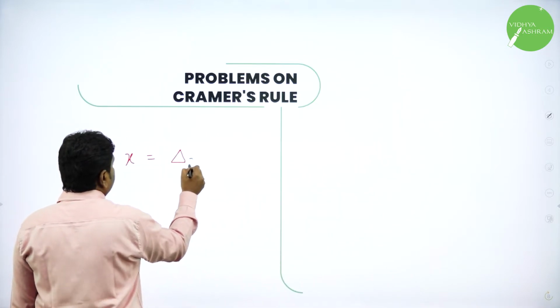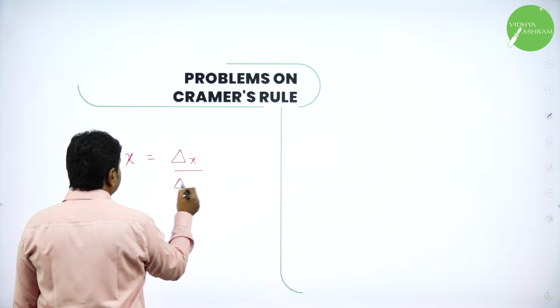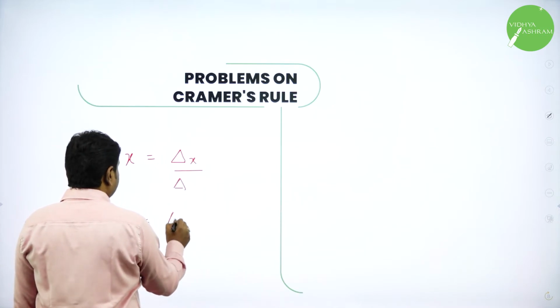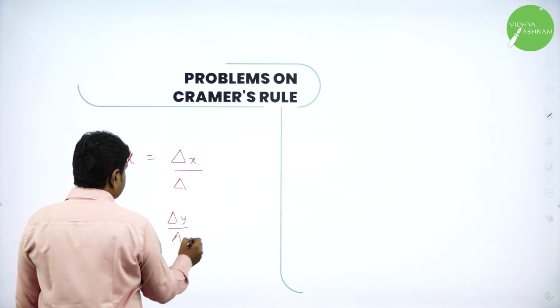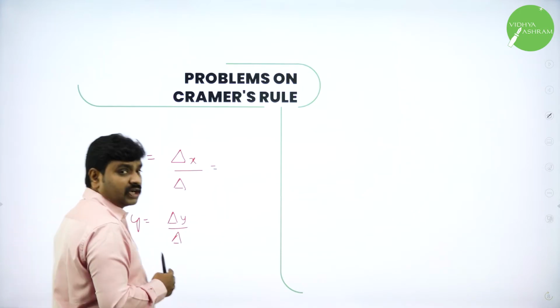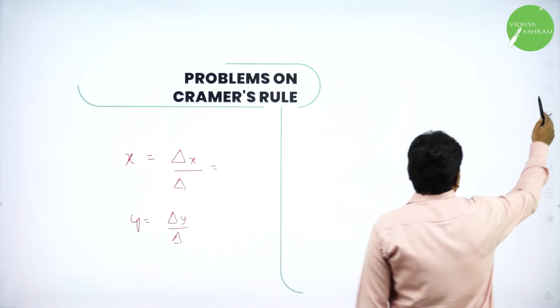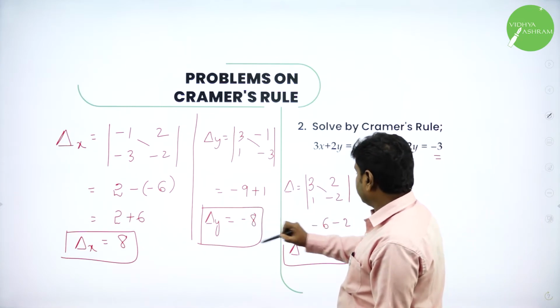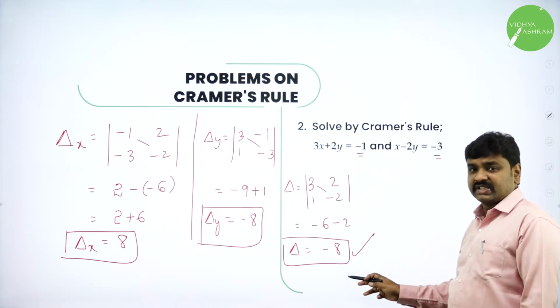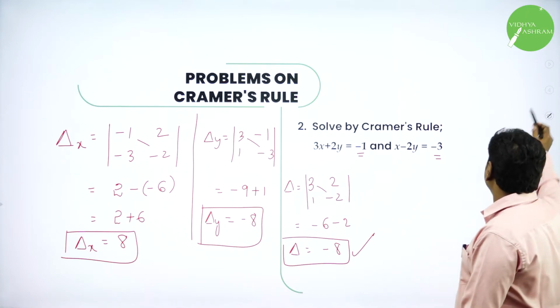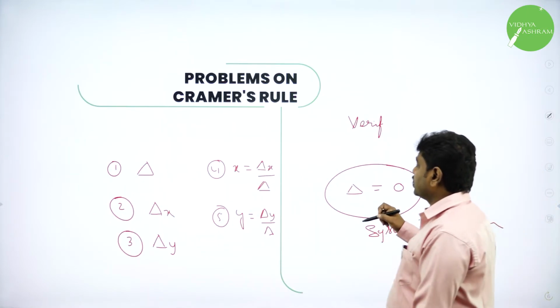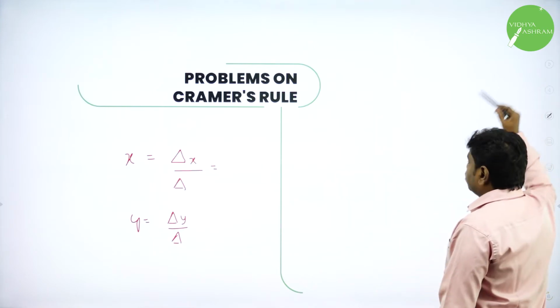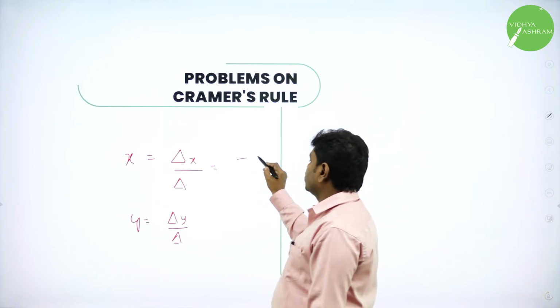All of you know what the x value is. What is the x value? Delta x divided by delta. And what is the y value? Delta y divided by delta. So let us substitute the values we got. Delta is minus 8, and delta x is 8.